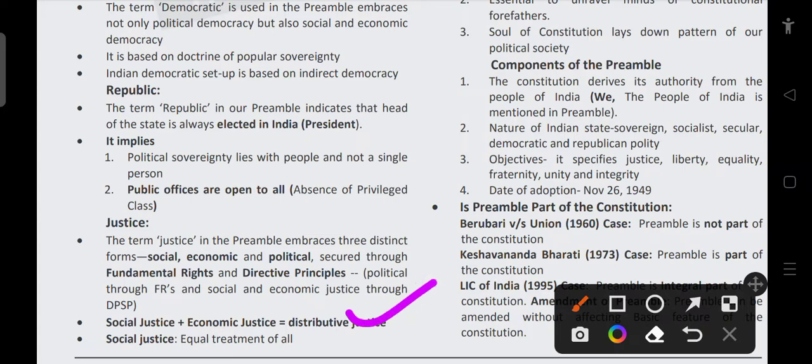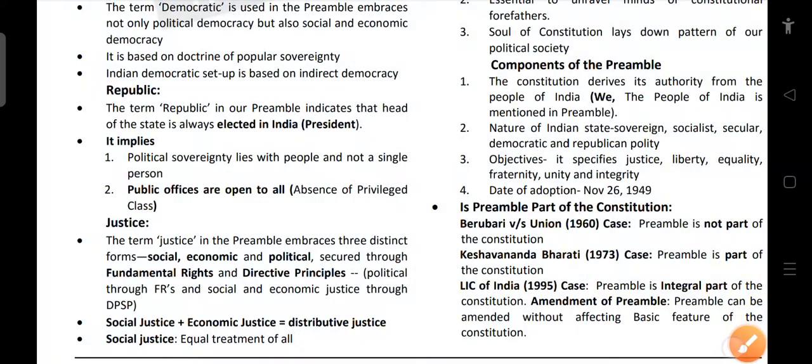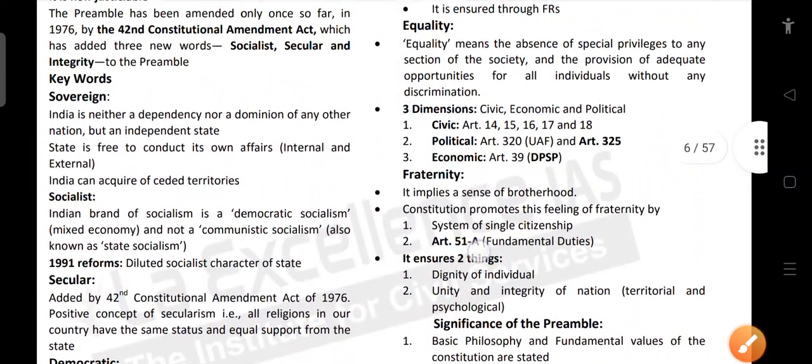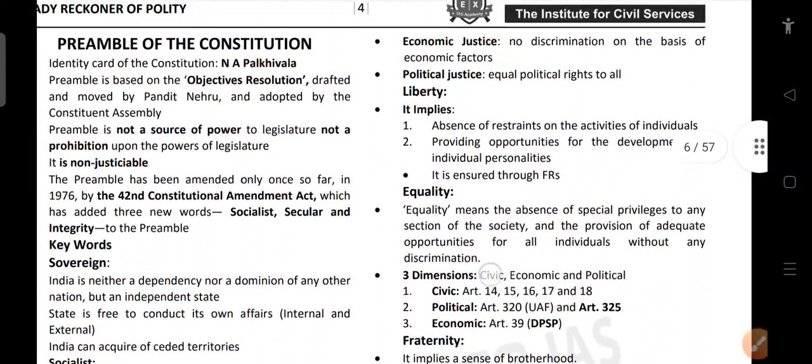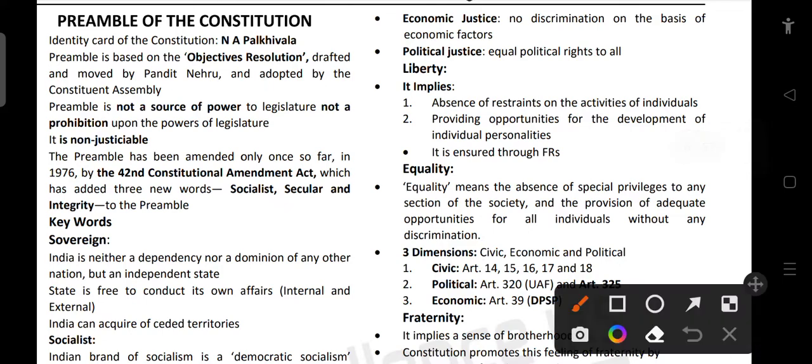Social justice means giving equal treatment to all, and economic justice means no discrimination on the basis of economic factors. If we give equal voting rights, equal political rights to all, that is political justice.